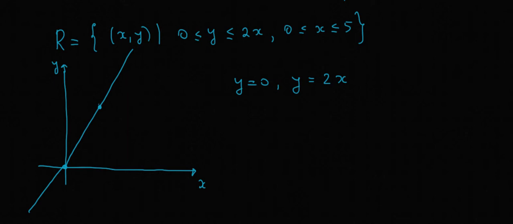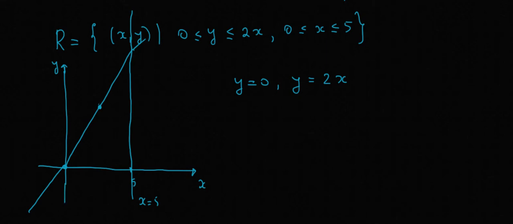Okay, now the second inequality says that x ranges from 0 to 5. X equals 0 is a vertical line, which is the y-axis. And then if x equals 5 is here, and we draw a vertical line right here, this vertical line consists of all points with the x-coordinate equal to 5.